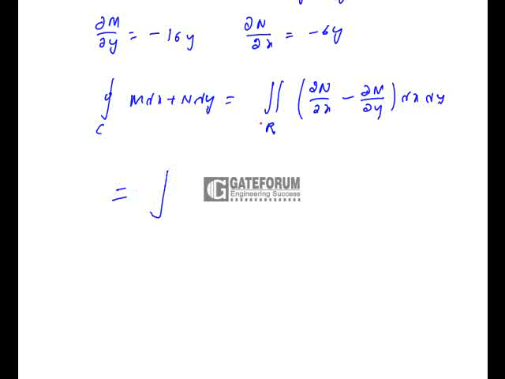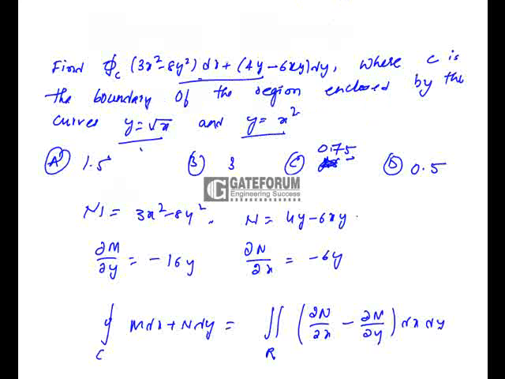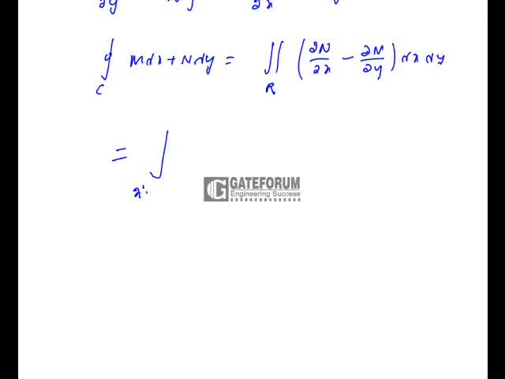Here the value of x, if we solve these equations, will be from 0 to 1, and the value of y will be from root x to x square, and dou N by dou x minus dou M by dou y is nothing but minus 6y plus 16y times dy dx.